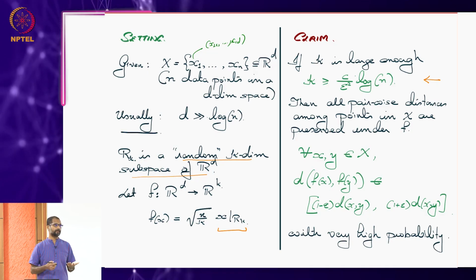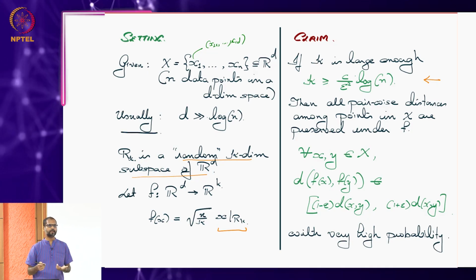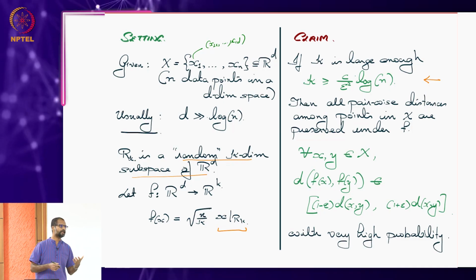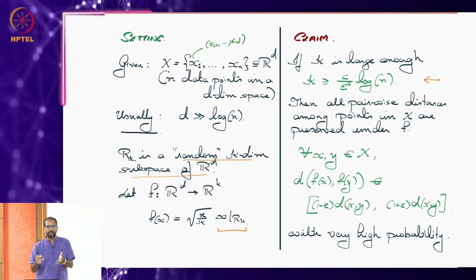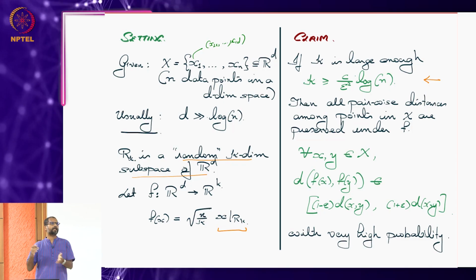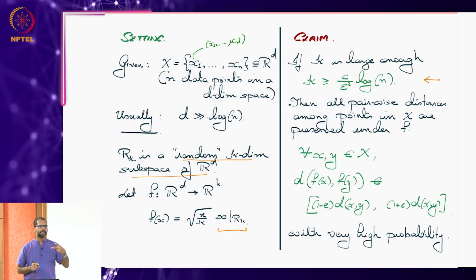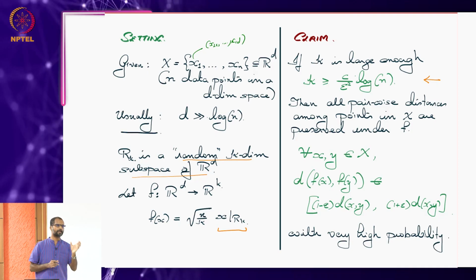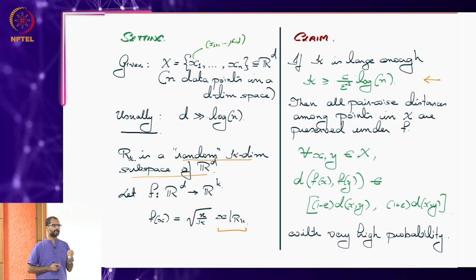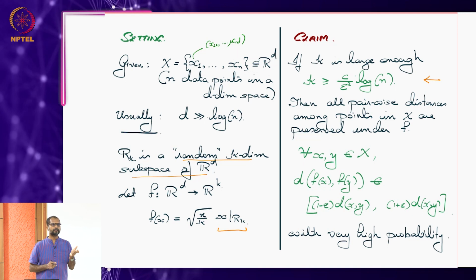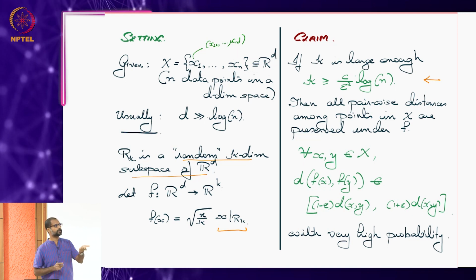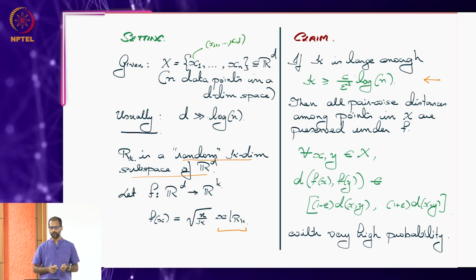If the distance between some x and y was 10 meters, then it is going to be at least 10 times 1 minus epsilon, 10 minus 10 epsilon, and at most 10 plus 10 epsilon. I am saying these two examples to emphasize the fact that it is a multiplicative approximation, not an additive one. The error that you will incur is also proportional to that original distance between those 2 points.